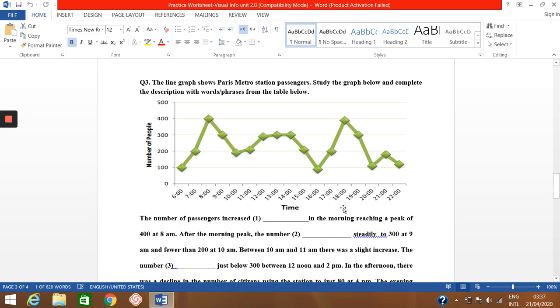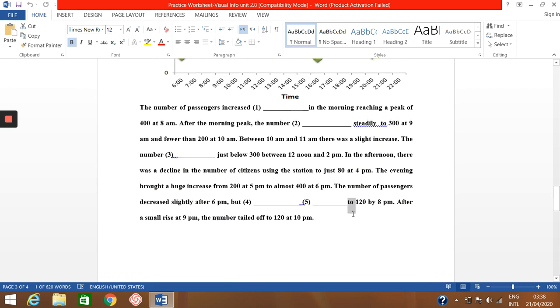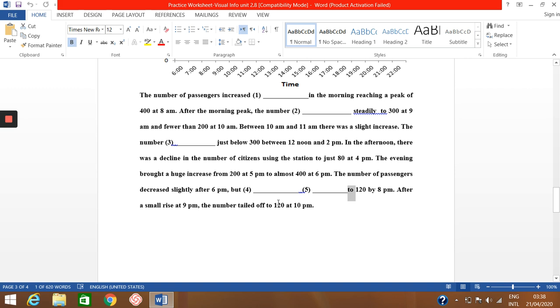You see, from let's say 400 to just 100 in a very short period of time, between 6 and 8, in just 2 hours, and since this represents an acute angle, as you can see here, definitely we use sharply. So we can say but dropped sharply to 120 by 8 p.m.